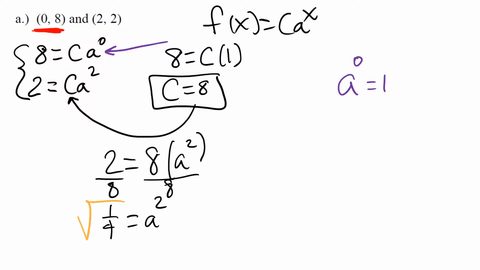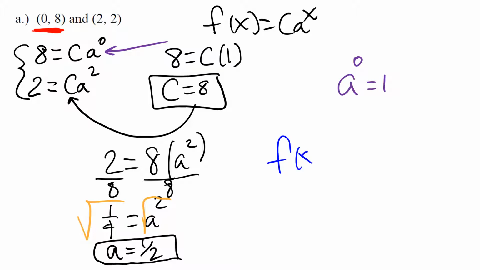Take the positive square root, not the negative. You don't have to do plus or minus in this case, and get that a equals 1/2, and you're done, because you have both a and c. So you are done with this equation that quickly because you knew the starting value was 8, and all you had to do is find what the base was.